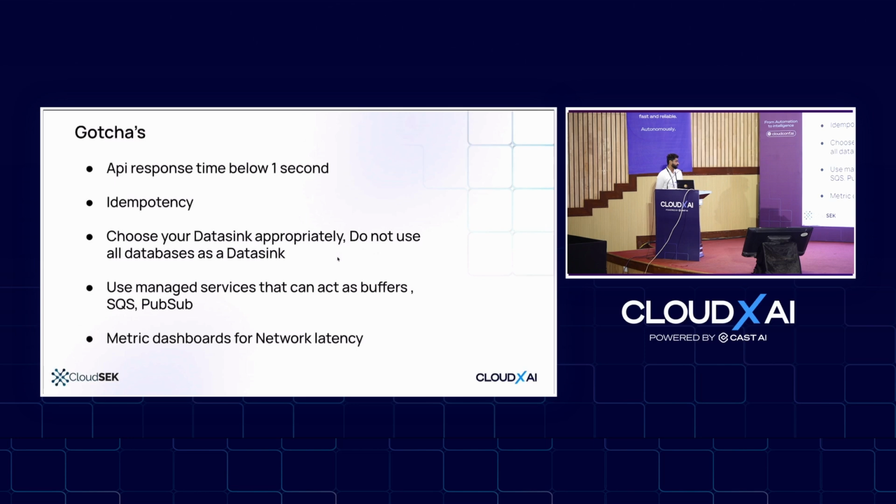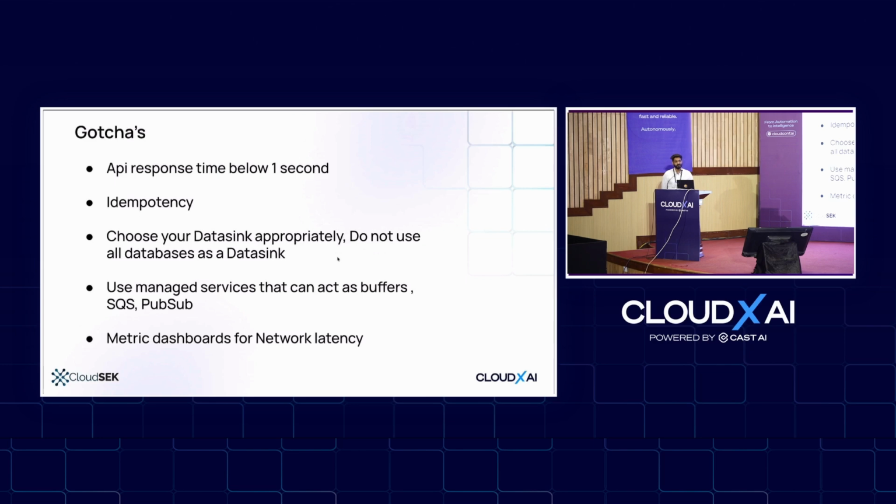Choose your data sink. That doesn't mean you use every database as a data sink. You do your processing on one database, and you choose an appropriate data sink like Elasticsearch or S3 or a data lakehouse, and so on. That's where you actually store your long-term data. Do not use every database as your data sink. Use managed services that act as buffers.